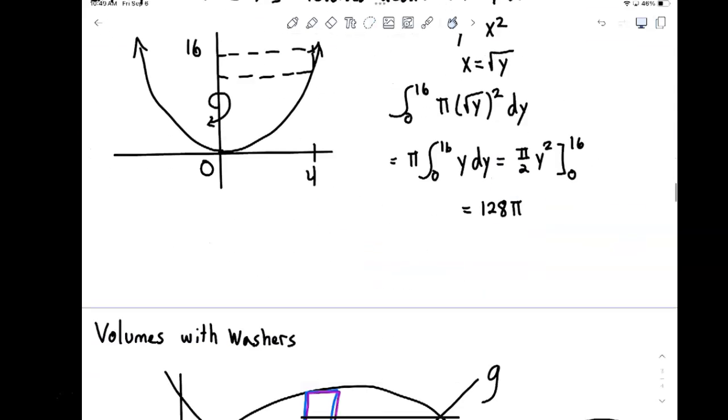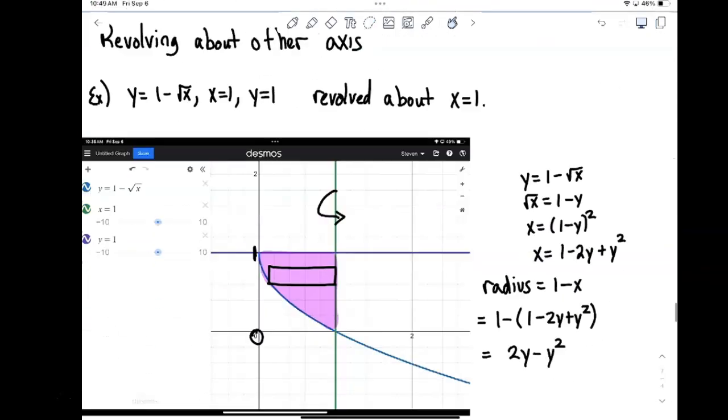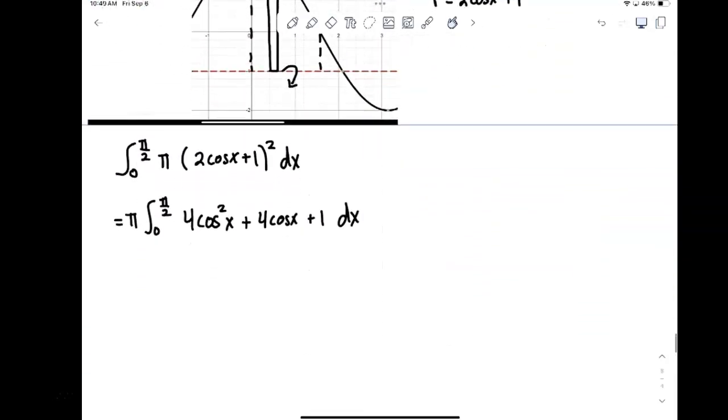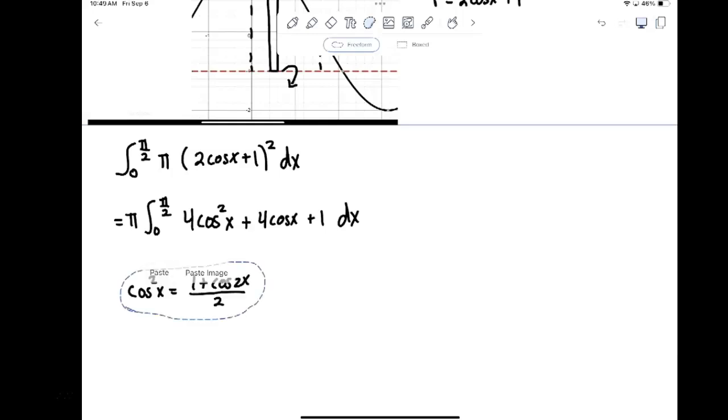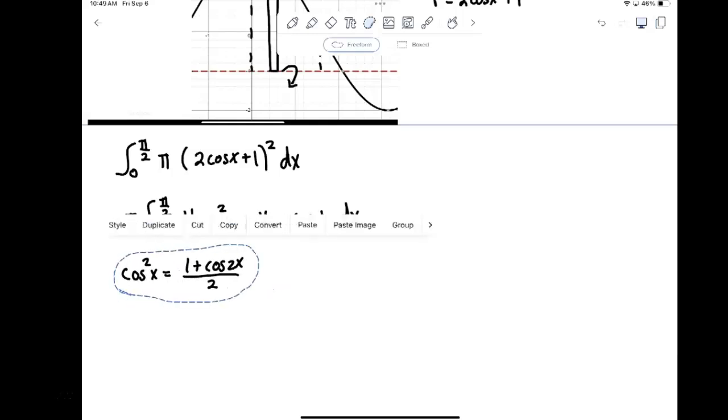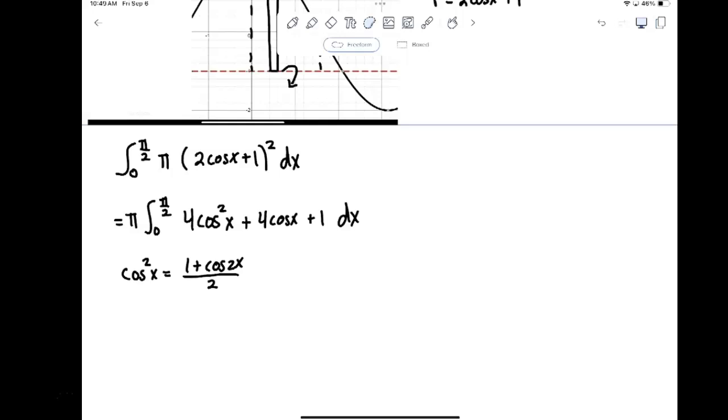Again, that's the only way we can deal with integrals with cosine squared, by using that result. There's actually another way we're going to get to eventually, but for now, that's what we have.